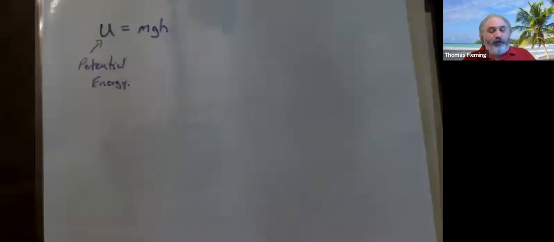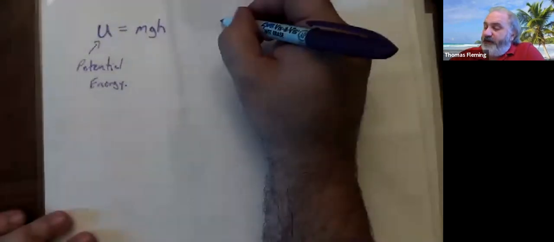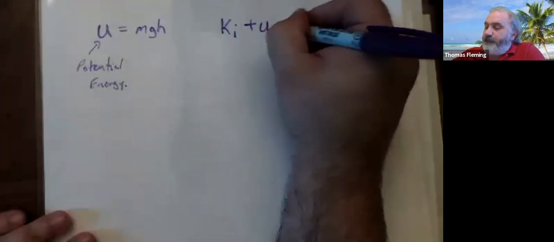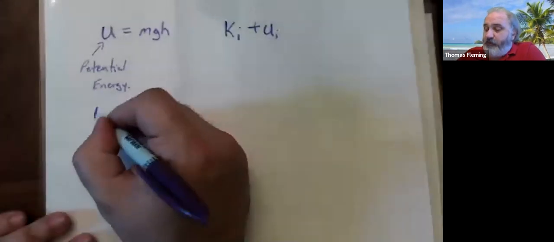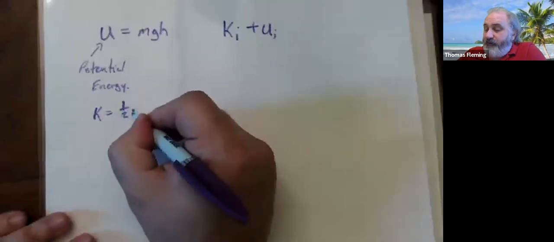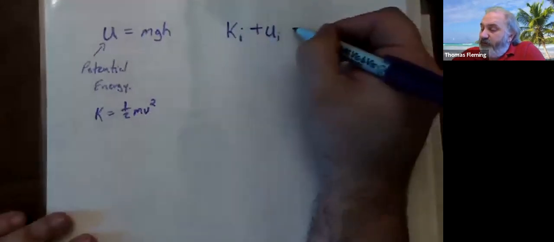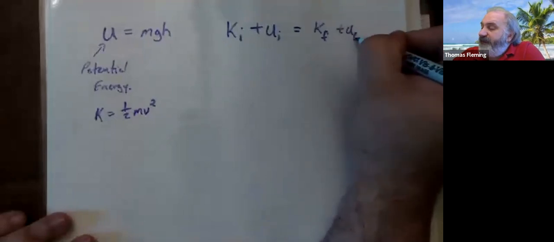And what we were using this potential energy expression for was a situation where all of the forces acting on the object were conservative forces. You could find that the total mechanical energy, K plus U, where U is the potential energy and K is the kinetic energy, just to remind you, kinetic energy is 1/2 mv squared, would equal the ending total mechanical energy.